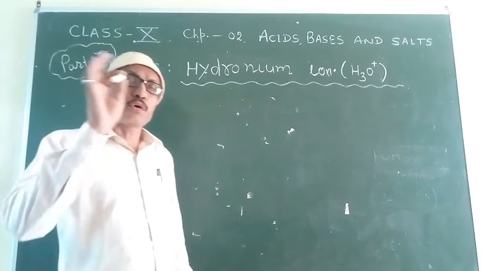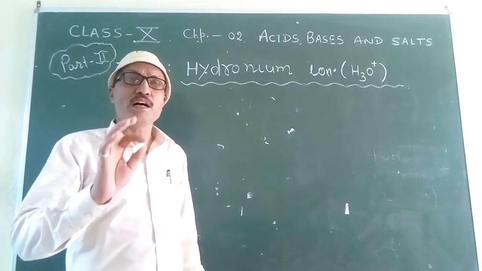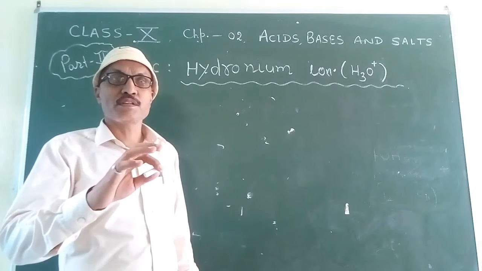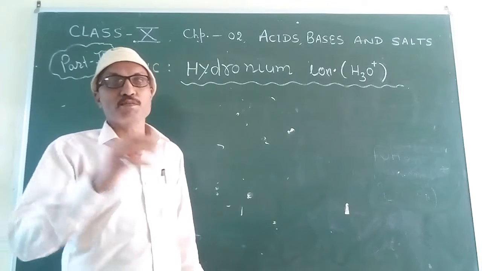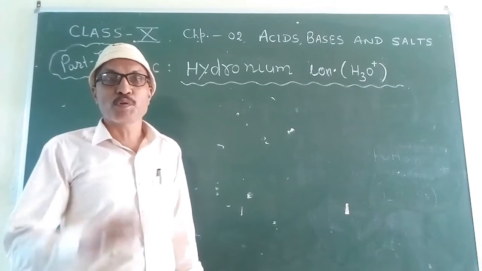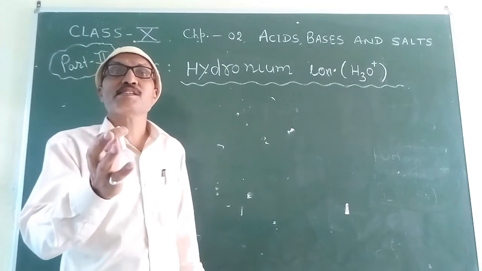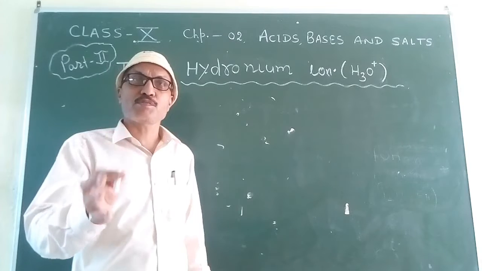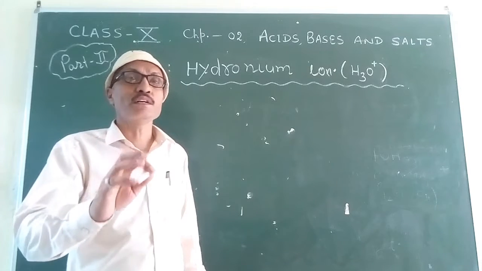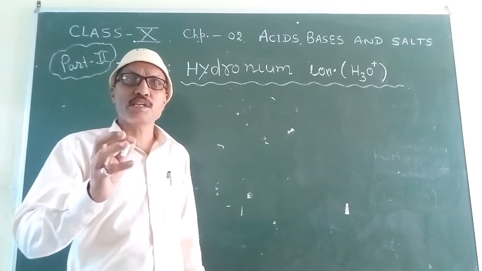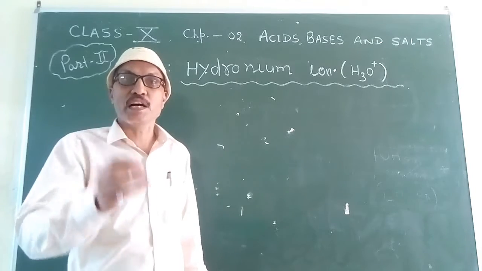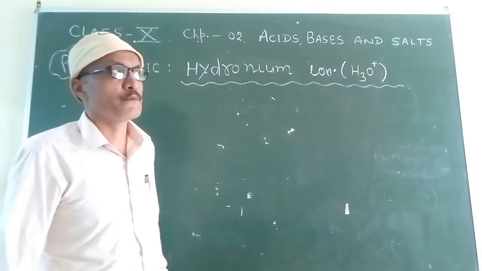Students, we saw there acids are all those substances which, when dissolved in water, produce hydrogen ion. And bases are all those substances which, on dissolving in water, produce hydroxyl ion or hydroxide ion, according to Arrhenius.